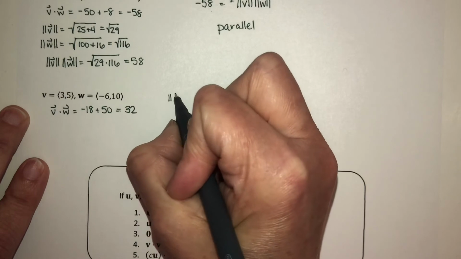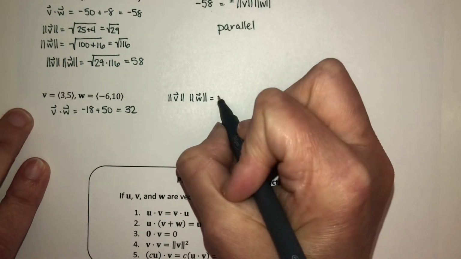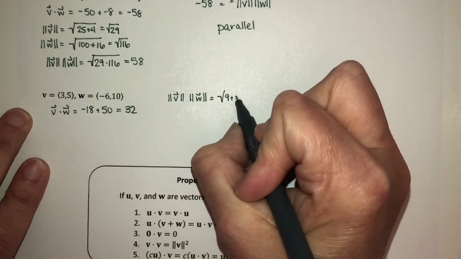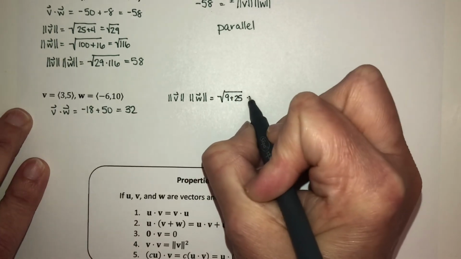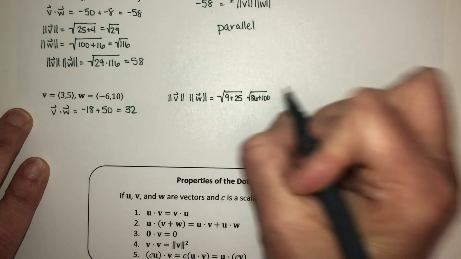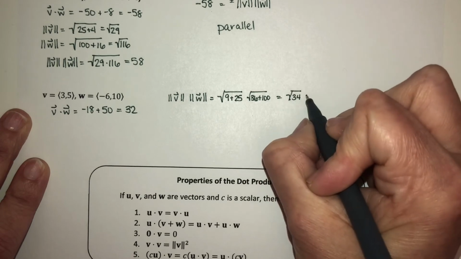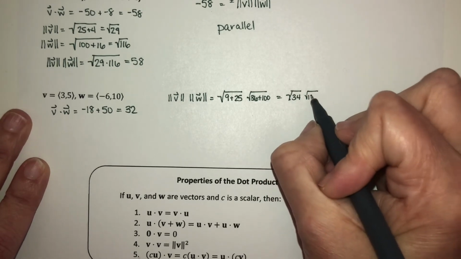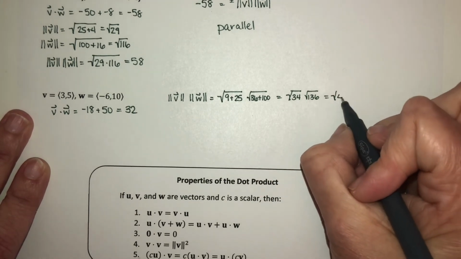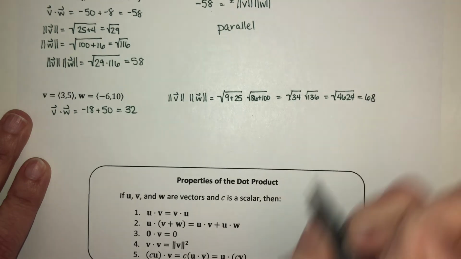The magnitude of v times the magnitude of w will equal the square root of 3 squared plus 5 squared, 9 plus 25, times the square root of 36 plus 100, which is the square root of 34 times the square root of 136, which is the square root of, multiply these two things together, 4624, and this is equal to 68.